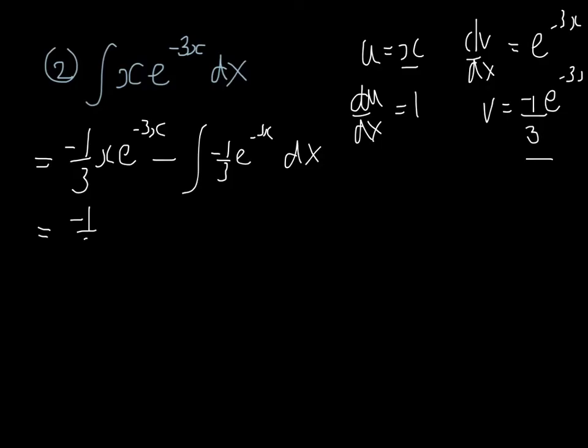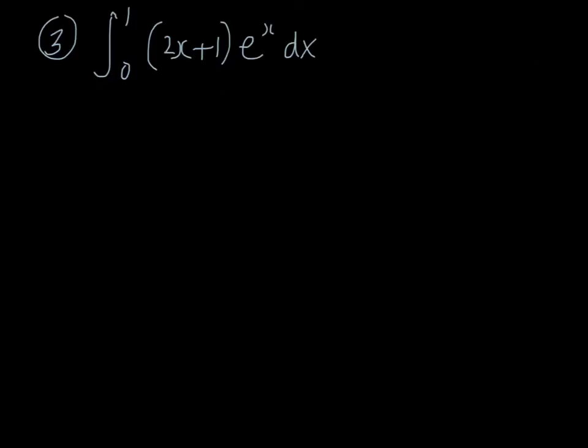So we've got minus a third x e to the minus 3x. Now we've got minus, they will cancel out to give us plus, but then when we integrate minus a third of e to the minus 3x, we get minus a ninth e to the minus 3x plus c. Okay, and obviously we could, again, check by differentiating. You might want to do that.